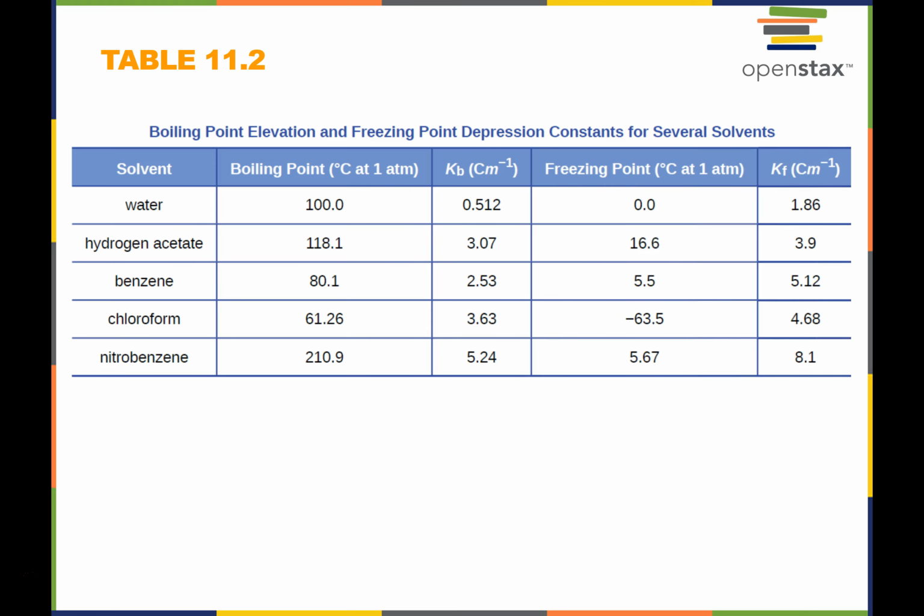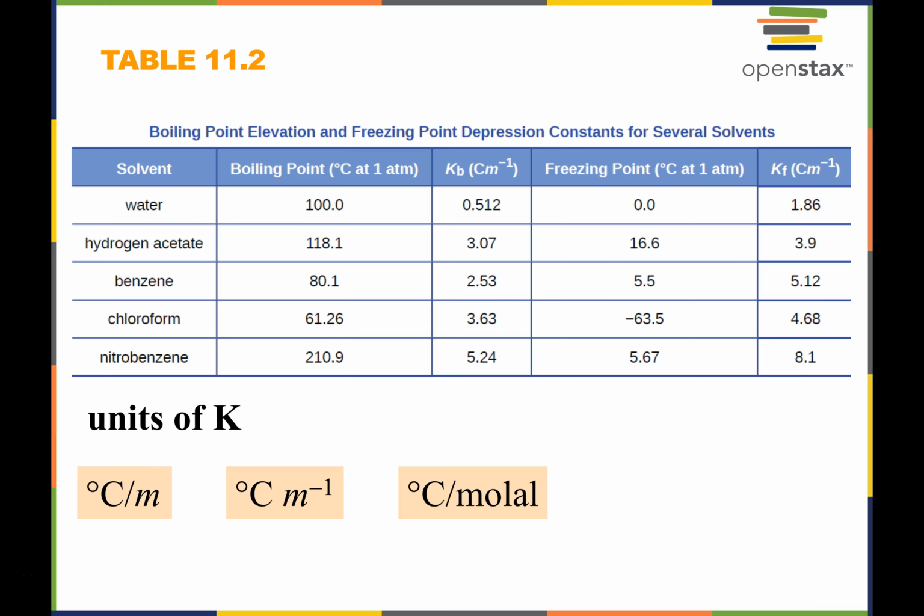Those are the units of both constants: the boiling point elevation constant and the freezing point depression constant are in degrees Celsius per molal. There's not a degree there, but there should be. And this K sub B is the same thing as K BP.